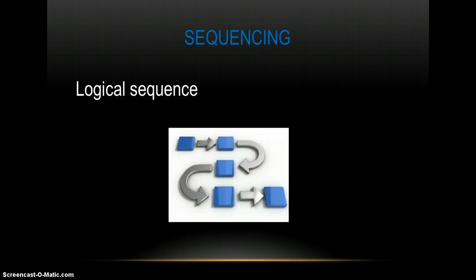The next one is sequencing. It gives us a logical sequence. In this case, we are going to apply cognitivism because pupils or children are going to make a series of toys, maybe, and arrange them in various ways.